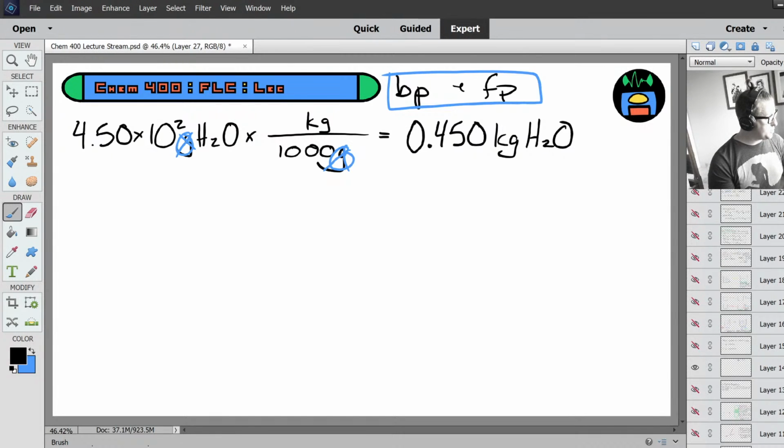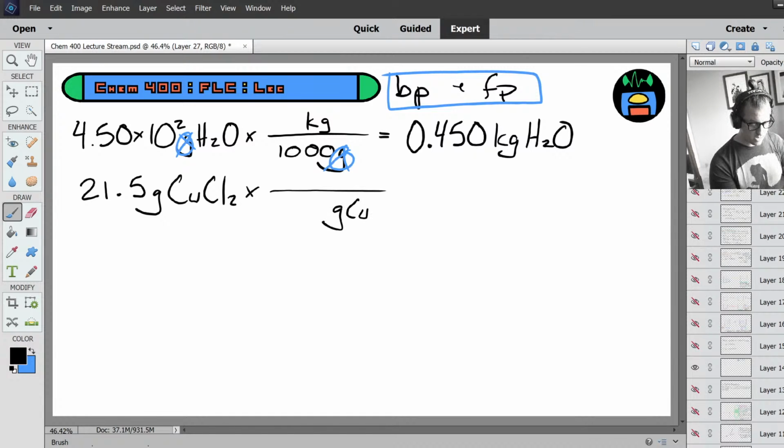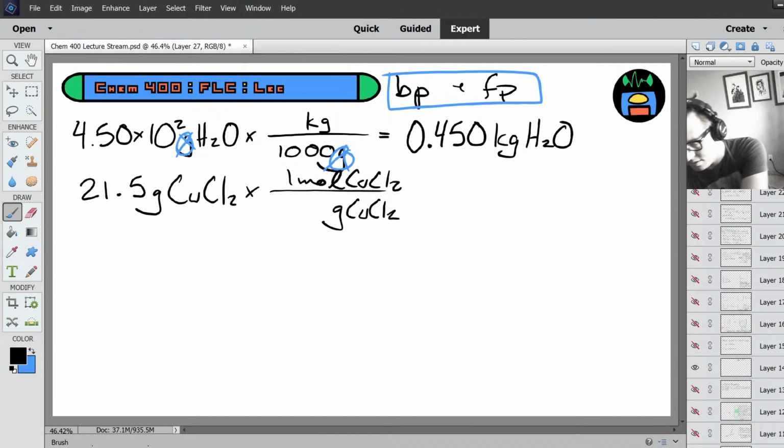Next, we need to convert our mass of copper 2 chloride to moles. All right, so we need to put grams of copper 2 chloride in our denominator, moles in our numerator. And I need to grab my periodic table.